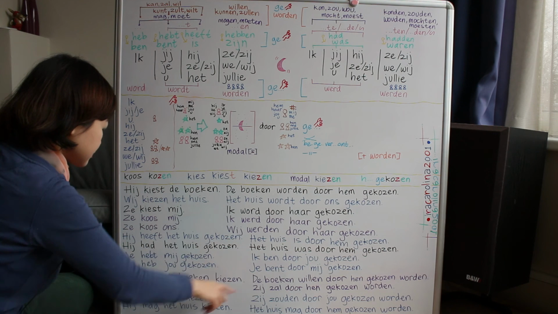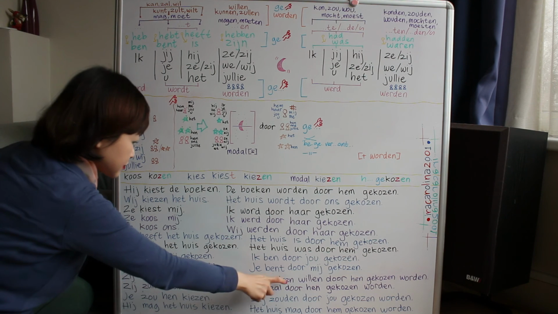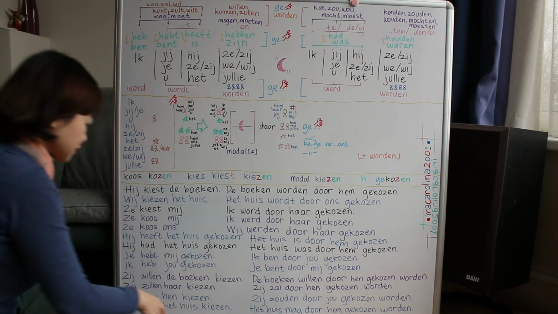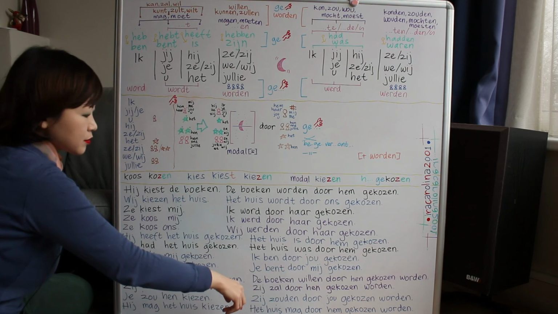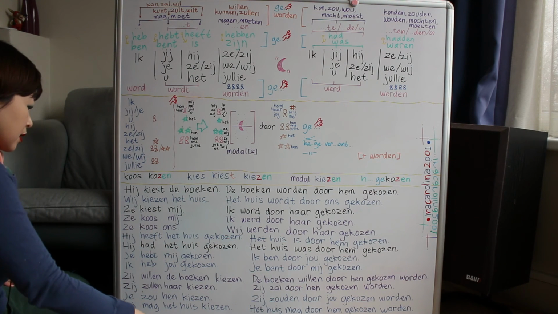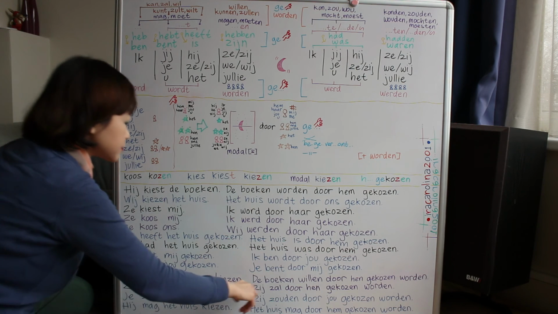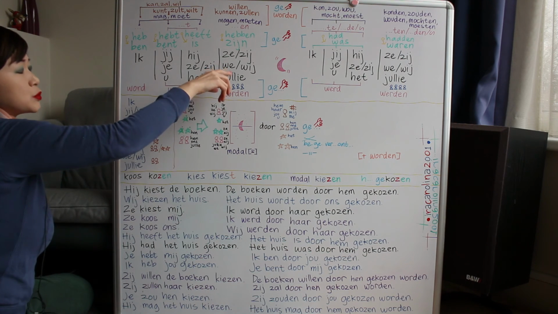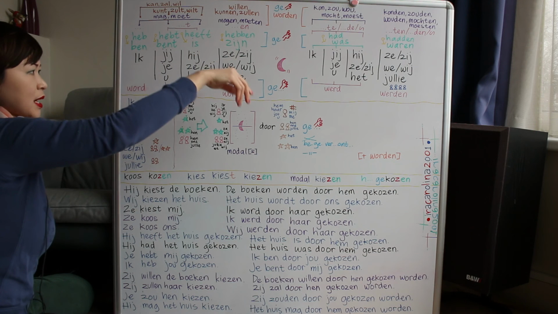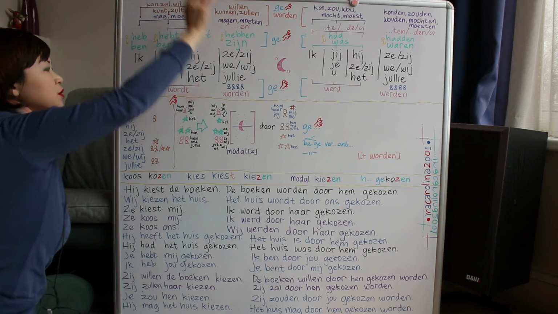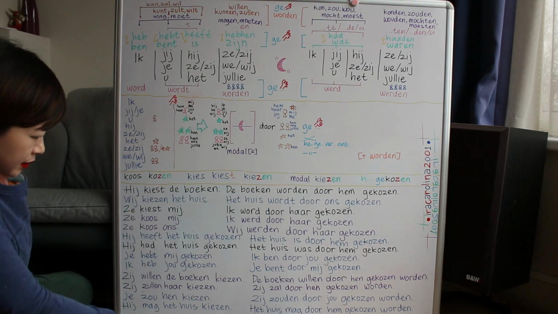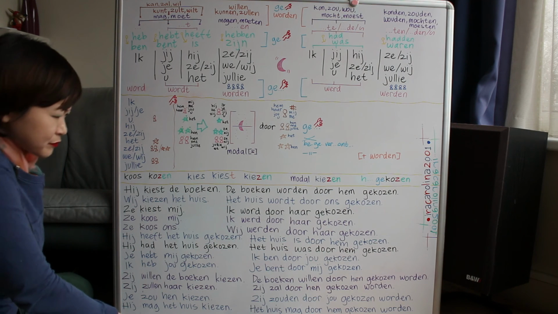De boeken willen, so we use the modal still, and this same willen, because de boeken is zij also, more than one.